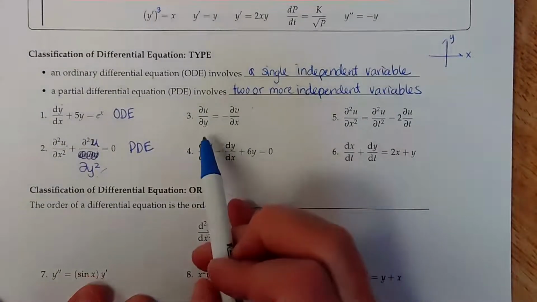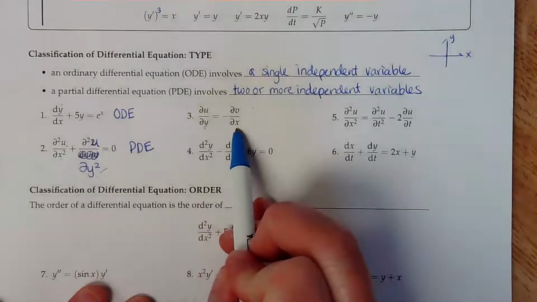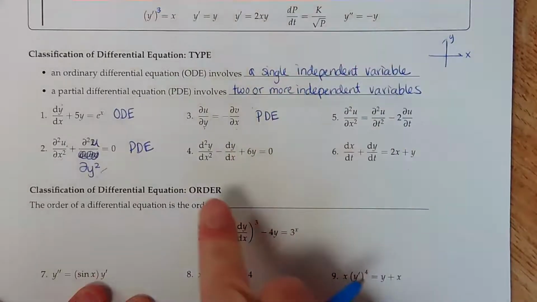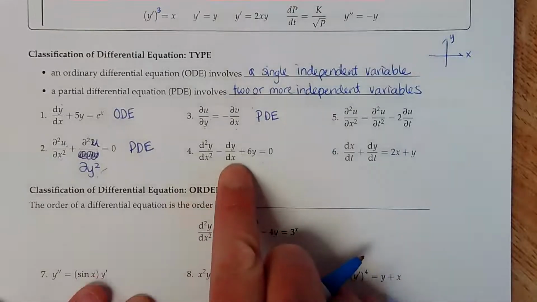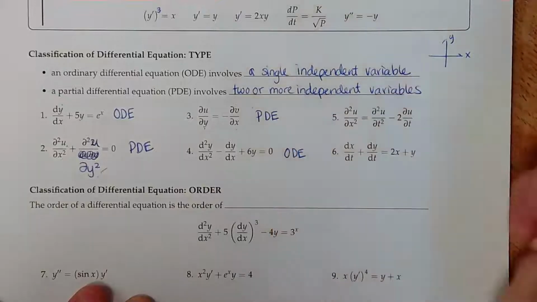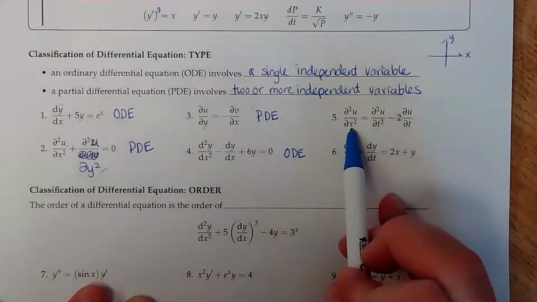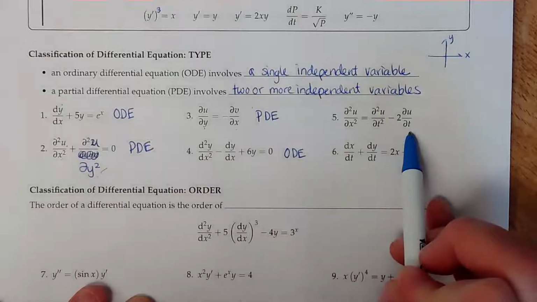All right, so number 3, I have an independent variable of y and an independent variable of x, so two different independent variables. This is a PDE. Here I have the second derivative and my independent variable is x. Here I have a first derivative, my independent variable is also x. So this is going to be an ODE. Here I have a second derivative with an independent variable of x, a second derivative with an independent variable of t, and a first derivative with an independent variable of t.